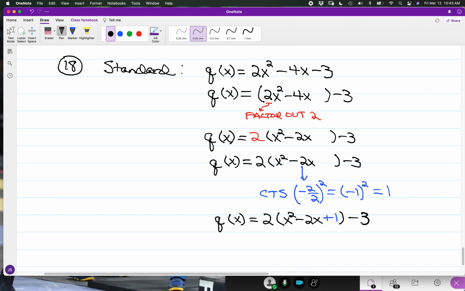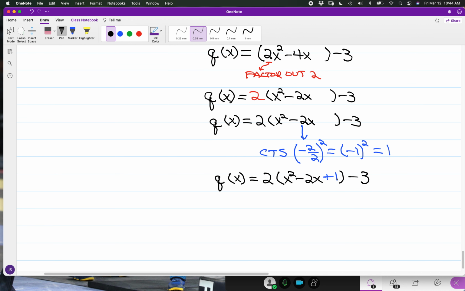Right now we have the subtraction of 3, but again, I want to create a bit of a balance, because whatever I end up with in the vertex form, I want this to be exactly equal to what I have in the standard form. So if you notice right now I have 2x squared minus 4x, and if I add 1 here, I'm collectively adding 2. So you have plus 2 minus 3, which would be minus 1. So you're not going to have a negative 3.